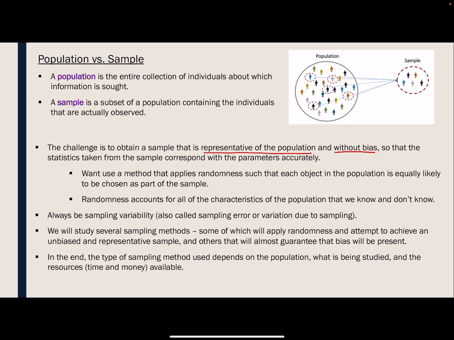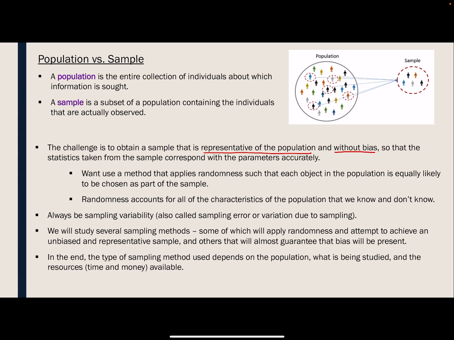And this randomness allows us to account for all of the characteristics of the population, those that we know and those that we don't. What do I mean by that? What I mean is that when we talk about a representative population, sometimes I get questions like, well, if we know what the population looks like, then why don't we just make sure that there's at least one individual in the sample that matches each characteristic of the population?